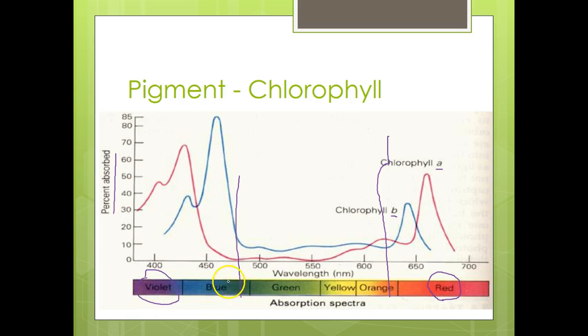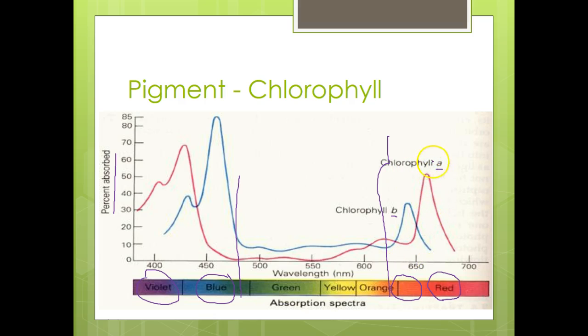Chlorophyll B is in charge of absorbing blue and red-orange. If you have two different chlorophylls that specialize in one specific wavelength or a small spectrum of the visible spectrum, you can see why the plant would want two.